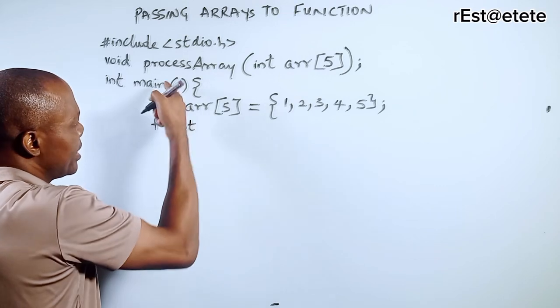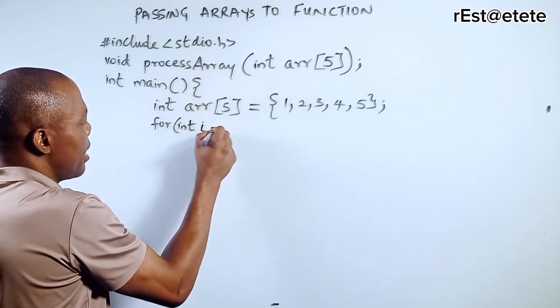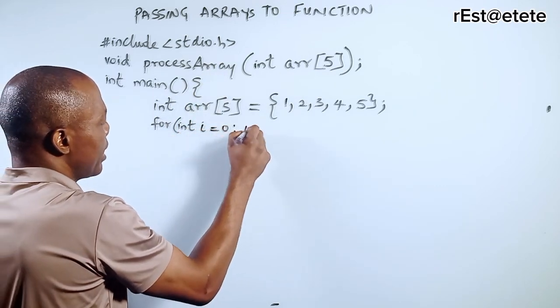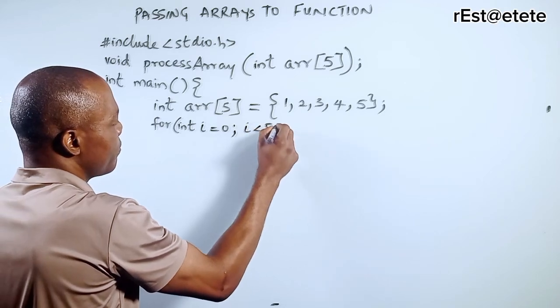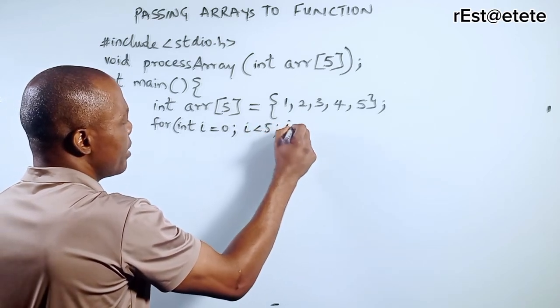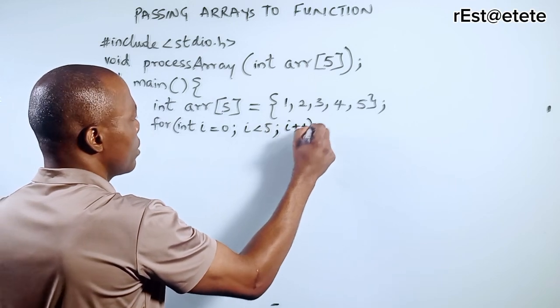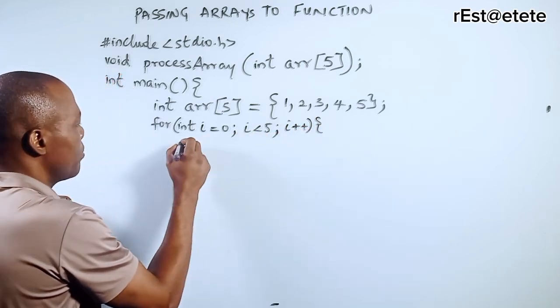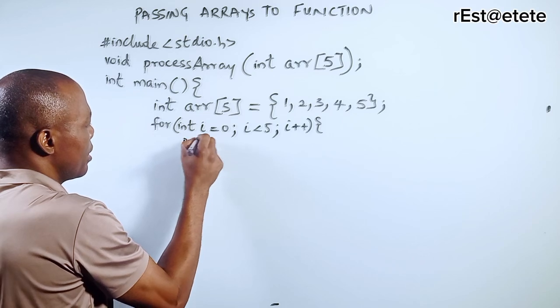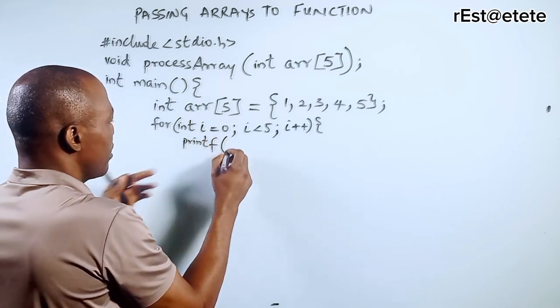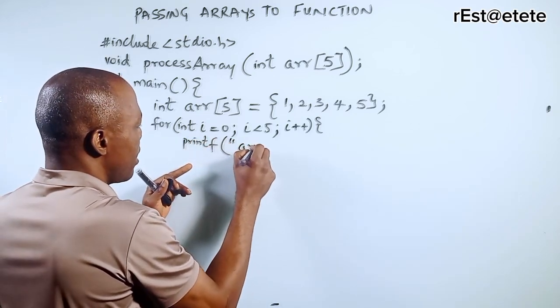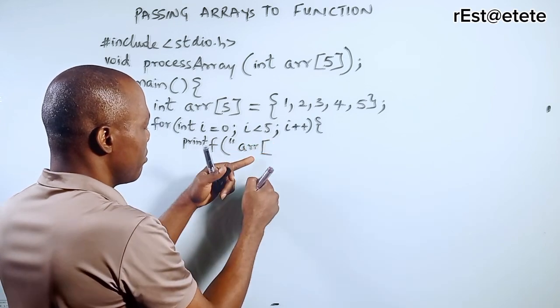So I will say for int i, since I didn't declare it up, assign 0 to it, then i less than 5, then i plus plus. I'll go into the for loop and I'll say printf, array, then in.